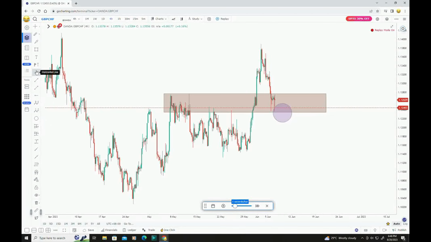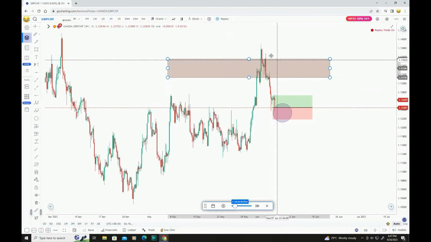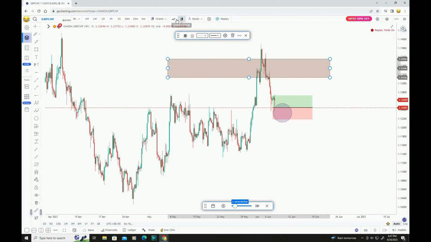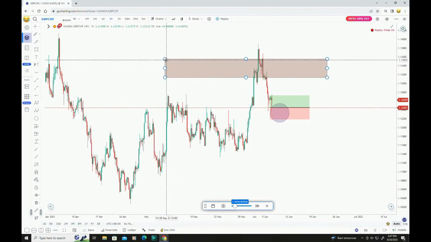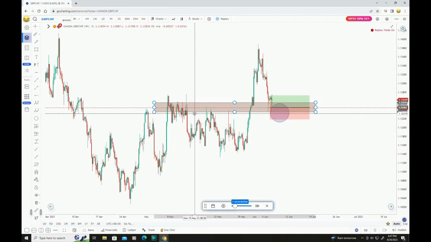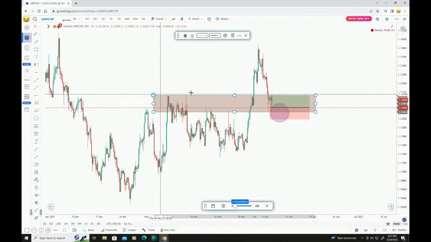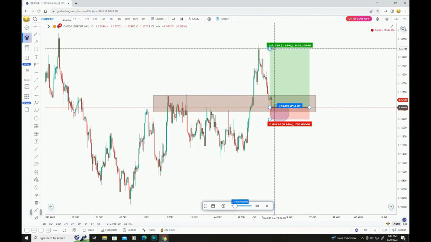Now all we need is to take our long position, place it here, and target around this high.